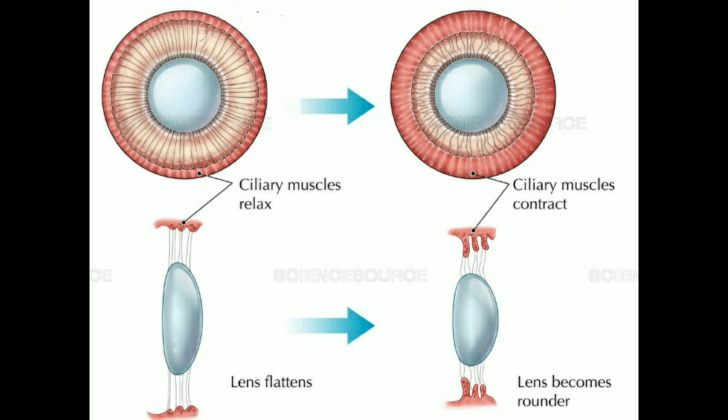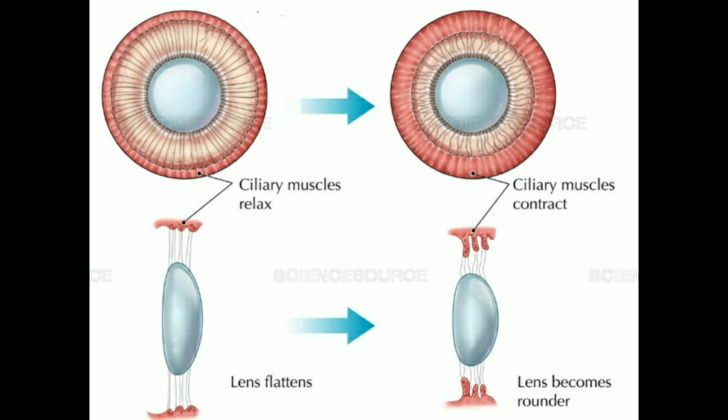Whereas on the right hand side, the ciliary muscles are contracted and the lens becomes thick, which means the focal length of the lens has decreased. So this is how the action of ciliary muscles helps changing the curvature and hence the focal length of the eye lens.